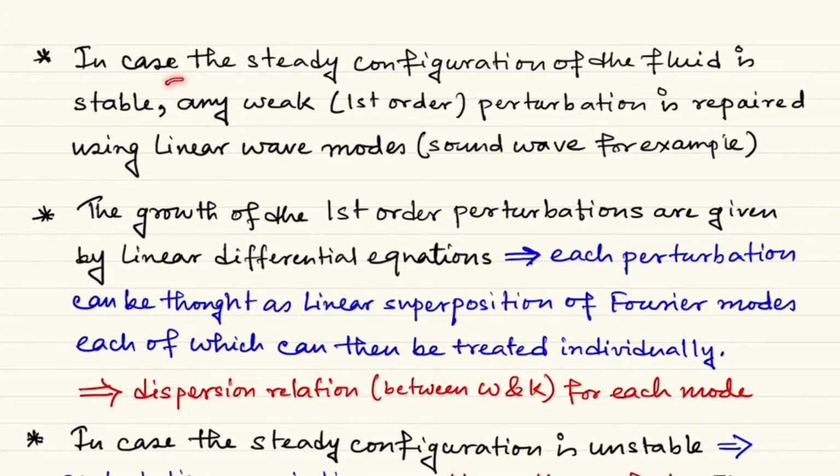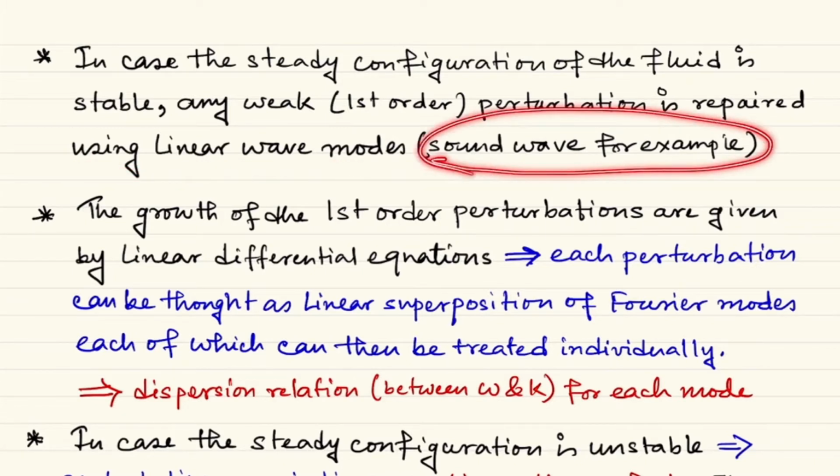But if the fluid is steady, that means the fluid variables are no longer explicitly dependent on time. In that case, the fluid is stable only when any weak or first order perturbation is repaired by the fluid using linear wave modes, exactly as we saw in the case of acoustic waves or sound waves.